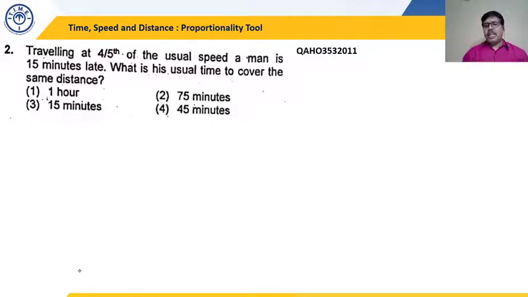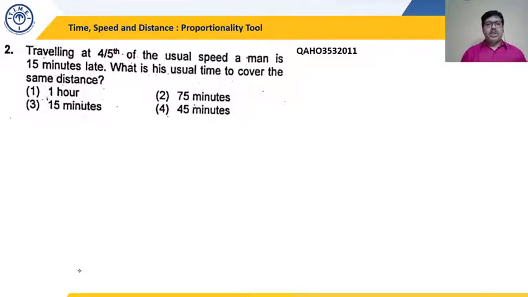So my first question is, in this question, which variable out of the 3 variables, time, speed and distance, is constant? It is not difficult to observe that the distance covered in both scenarios is the same. So my distance is constant.